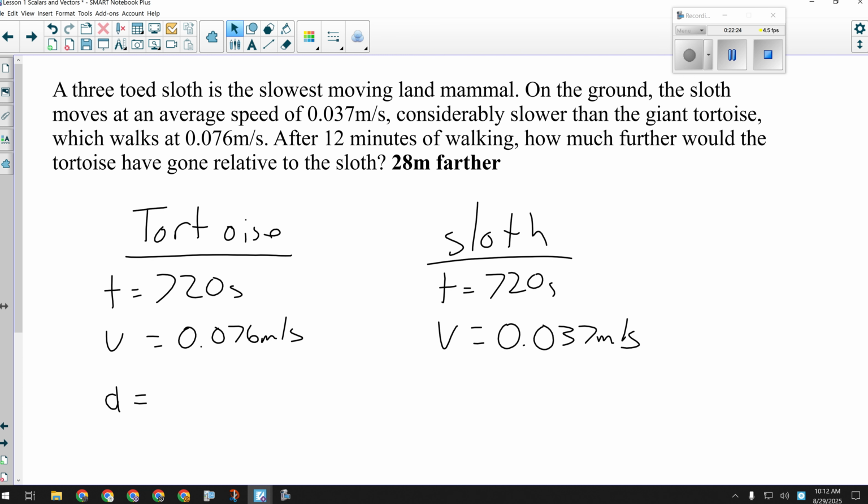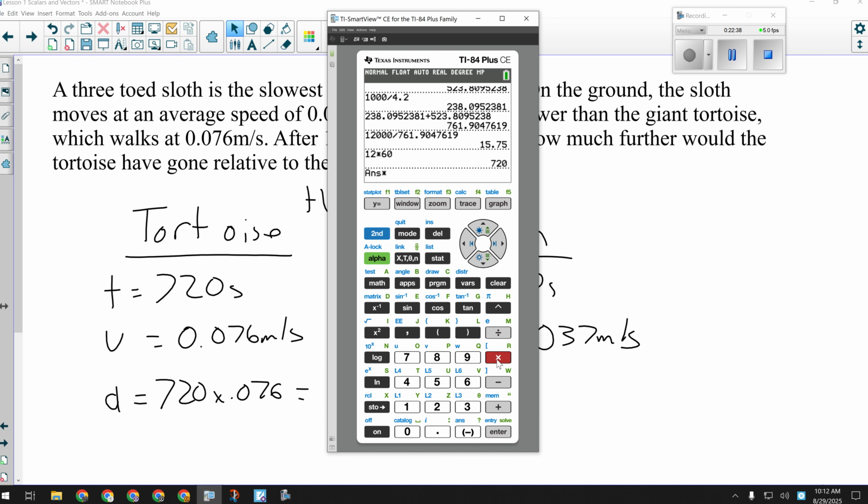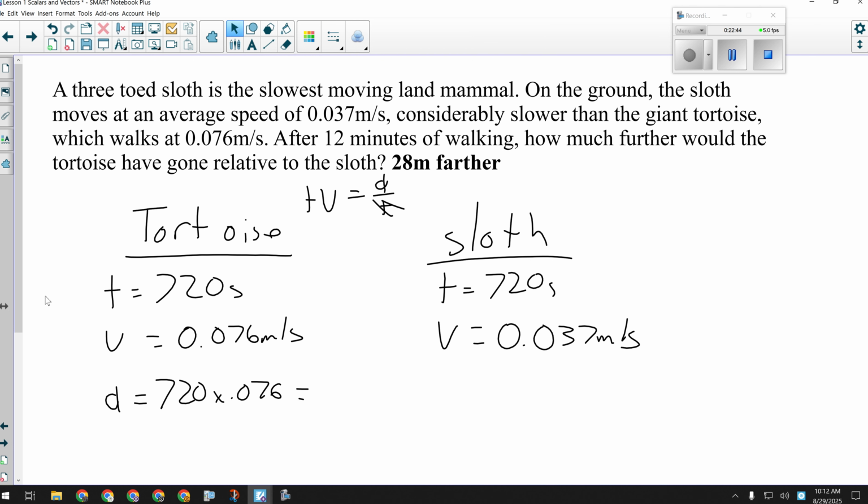So let's just find the distance that each one travels. If we're manipulating that formula, V equals D over T, we're just multiplying both sides by T. So we have 720 times 0.076. The tortoise is going to go 54.72 meters.